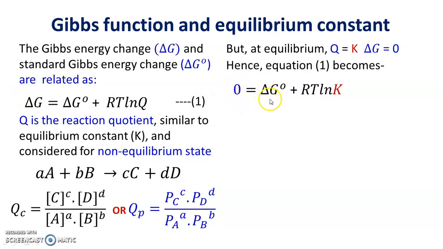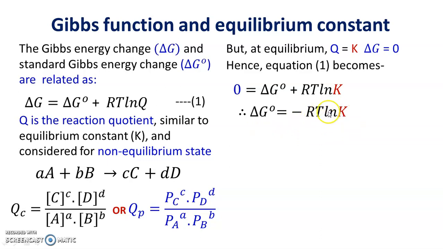It is 0 is equal to delta G0 plus RT ln K. This ln is log to the base e. By rearranging terms we can write delta G0 is equal to minus RT ln K.